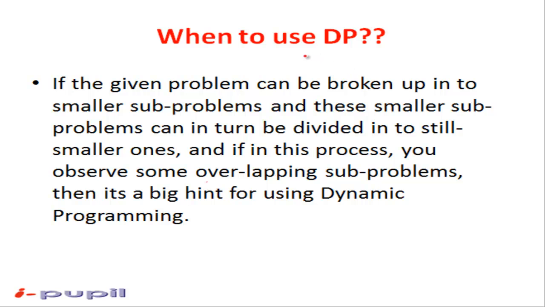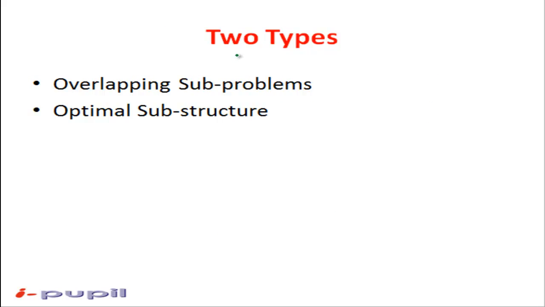Now the big question is when to use DP or dynamic programming. If the given problem can be broken up into smaller sub-problems, and these smaller sub-problems can in turn be divided into still smaller ones, and if in this process you observe some overlapping sub-problems, then it is a very big hint for using dynamic programming. Dynamic programming is further categorized into two types.